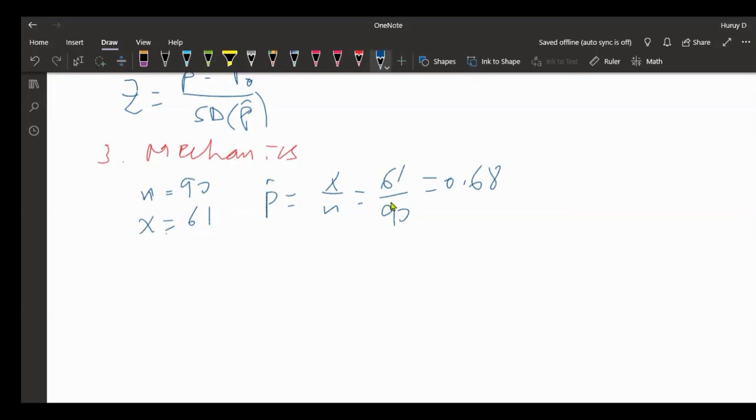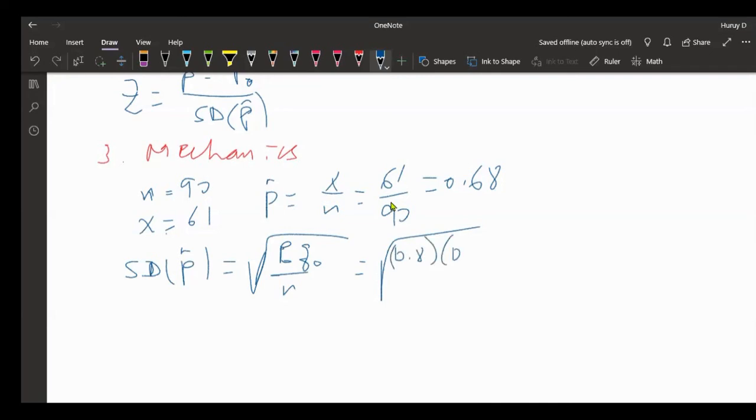And then what is the standard deviation of p hat? And this is given by the square root of p sub naught q sub naught over n, and p sub naught is the claimed value, which is 0.8, and q sub naught is 1 minus 0.8, which is 0.2, and n is 90.